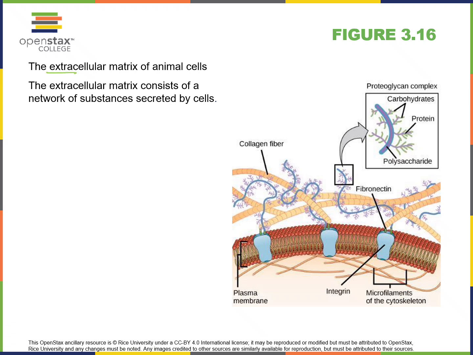The extra meaning outside the cell, the matrix is just secreted substances by the cell. Sometimes it's proteins, glycoproteins, collagen, all kinds of things. Okay, so the extracellular matrix kind of holds the cells together to form a tissue, but also allows for some communication.